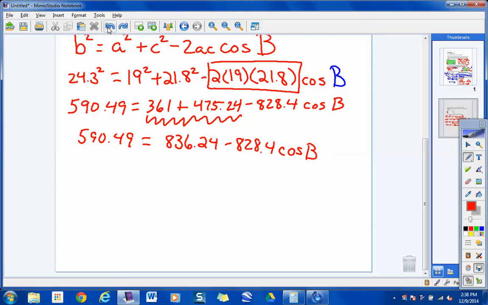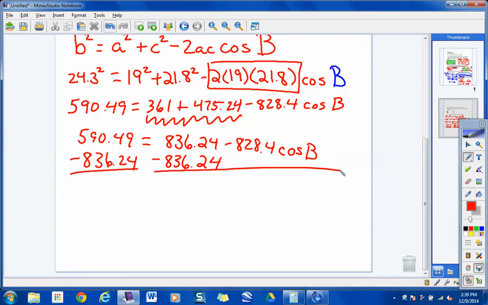So here's what you need to do. You got to get this 836.24 out of here with another constant. So I'm going to subtract that value from both sides, gang. So watch what happens. 836.24, subtract it from both sides. Again, what are we setting out to find right now? Okay.